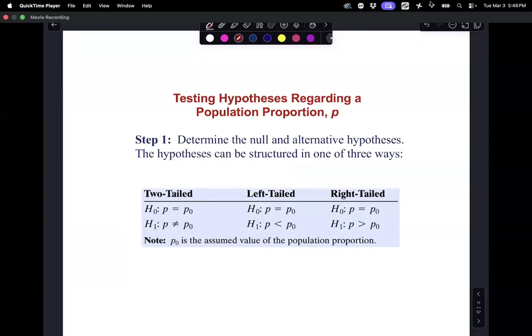Now, a reminder from previously. A two-tailed test is when we use not equal to, and you see words like different.